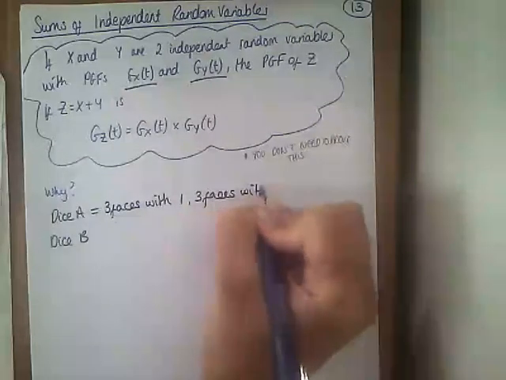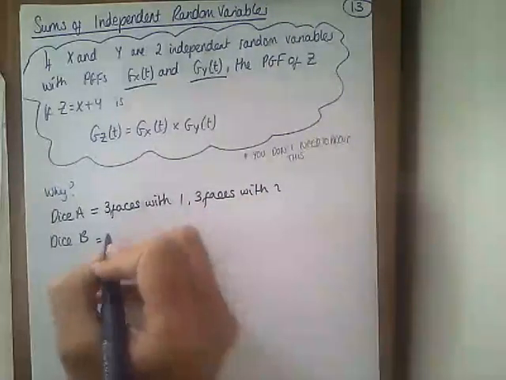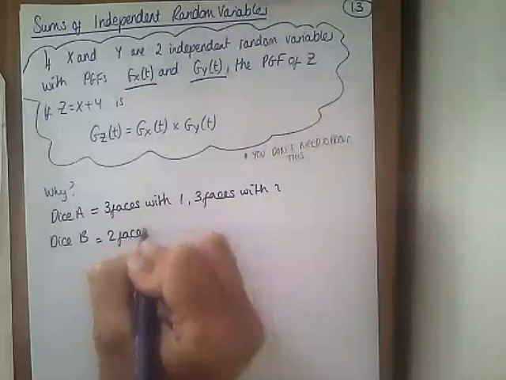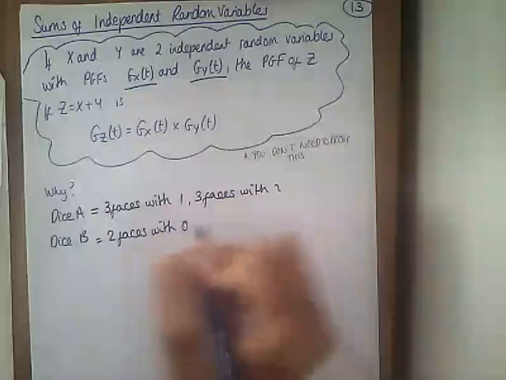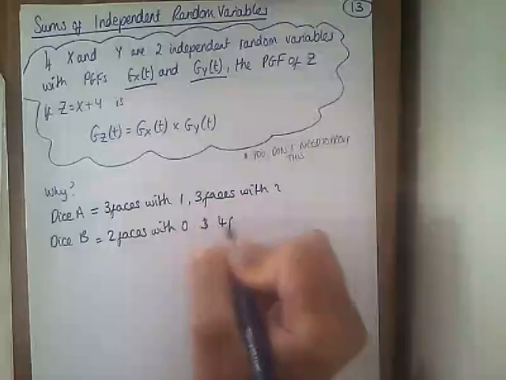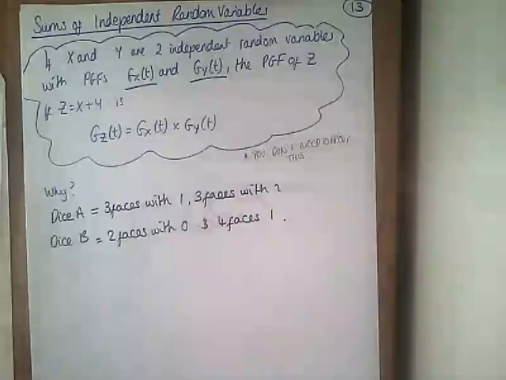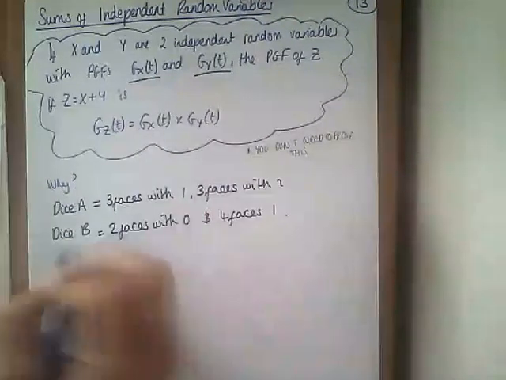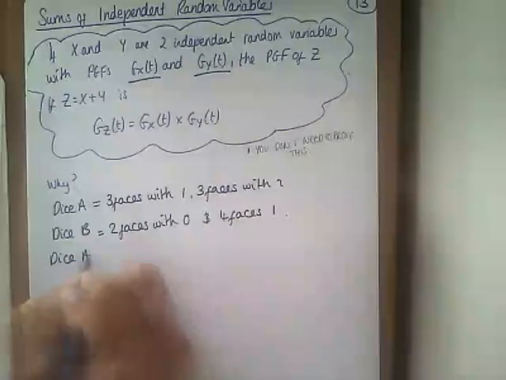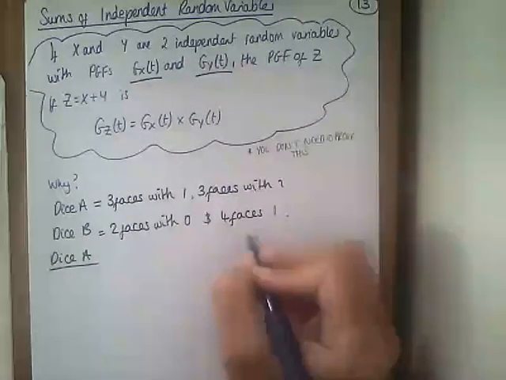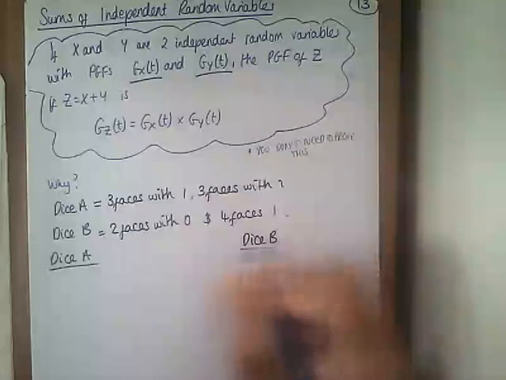Dice B has 2 faces with a 0 on them and 4 faces with a 1 on.